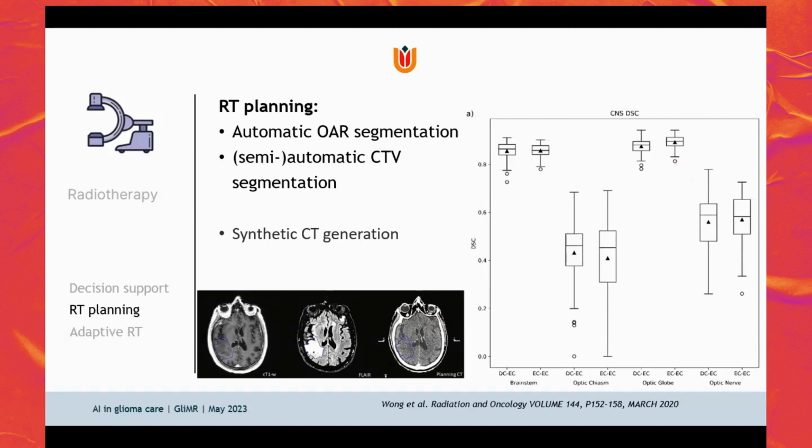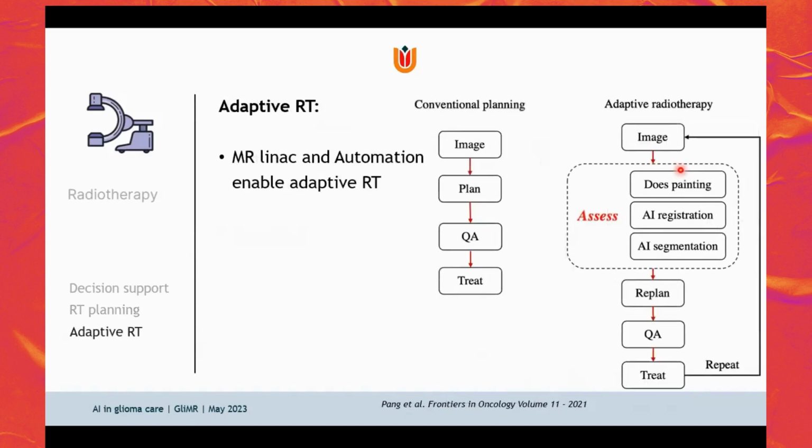And by automating all of these steps during the planning phase, we could actually start to further personalize the treatment and change the planning every day of treatment, instead of just planning once before treatment starts. For example, with the use of an MR-Linac, you can scan the patient every day they come in, reassess the current status of the tumor, and adapt your radiotherapy plan accordingly.